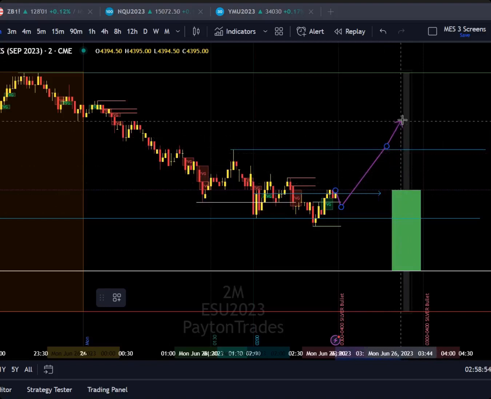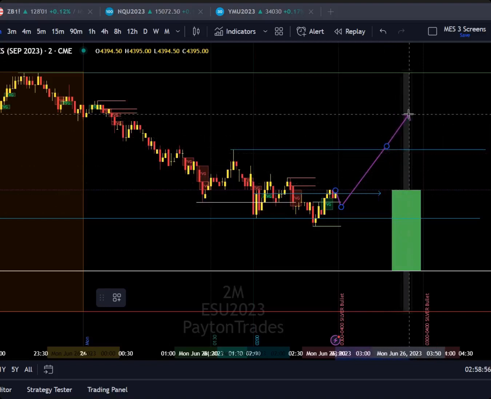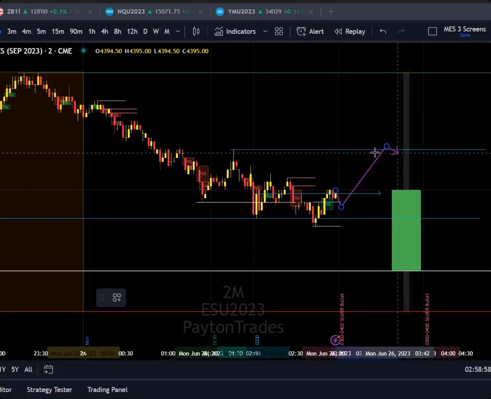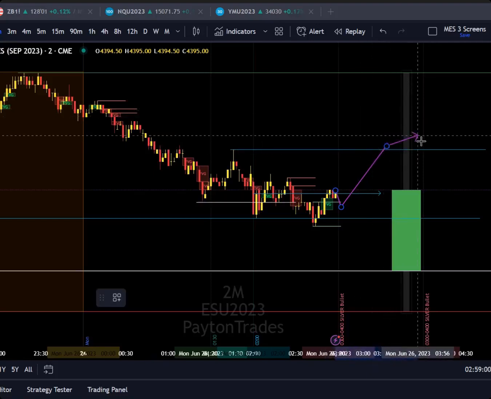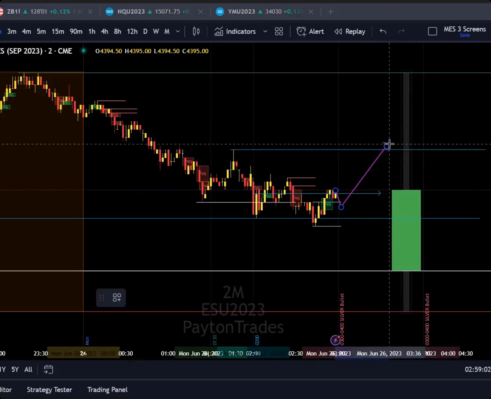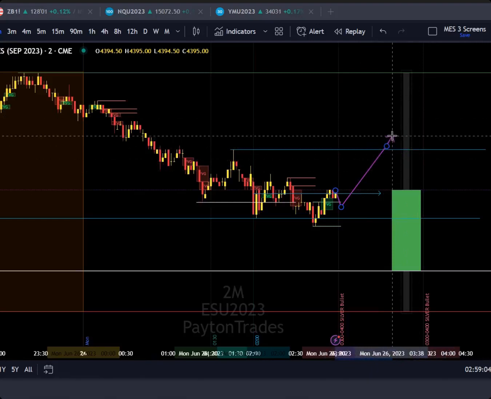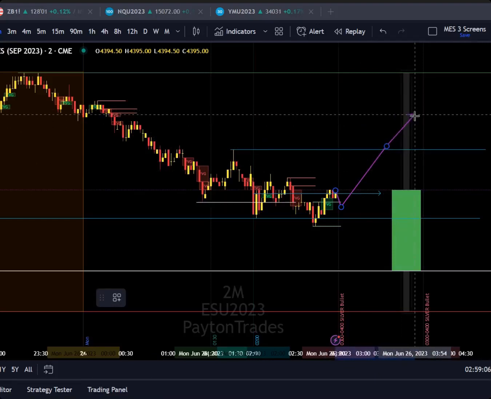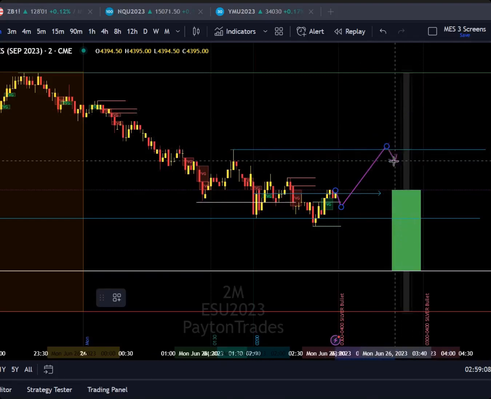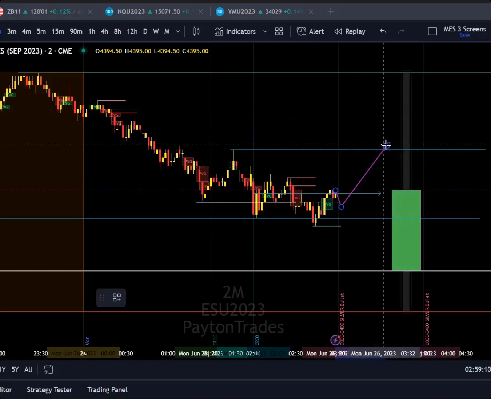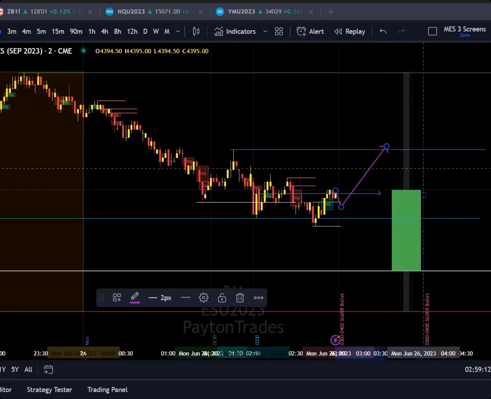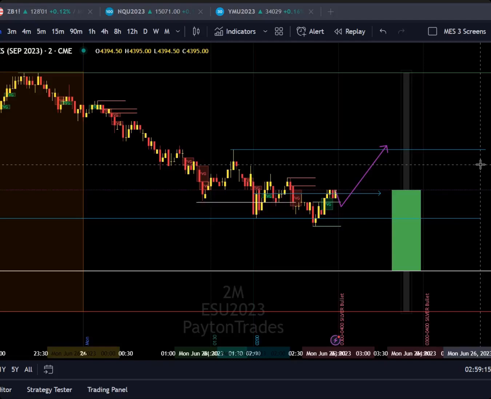And I don't know if it's going to continue higher because I have to see how it reacts to this high. Does it break it and immediately turn around, close lower, or does it break it, close higher, and continue climbing? But we shall see. Let's watch.